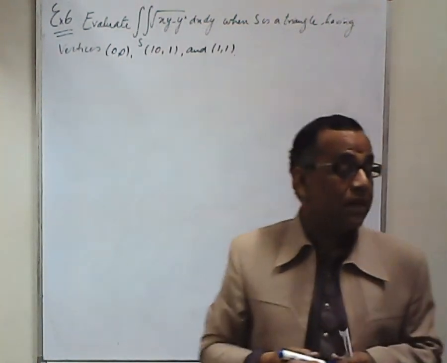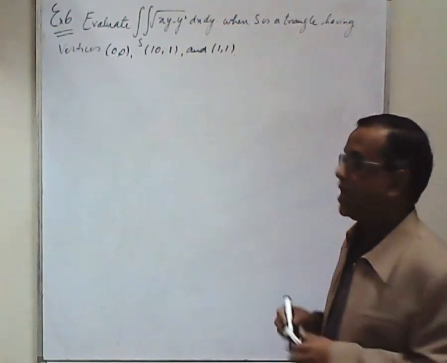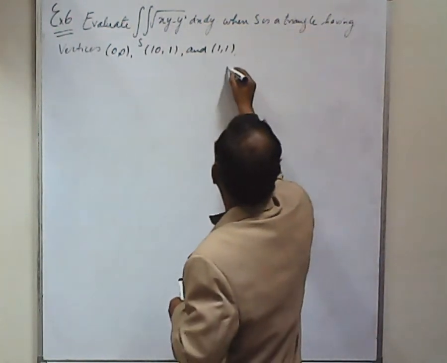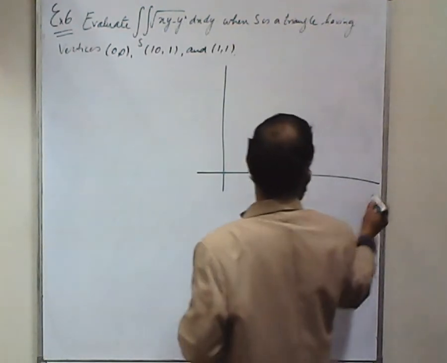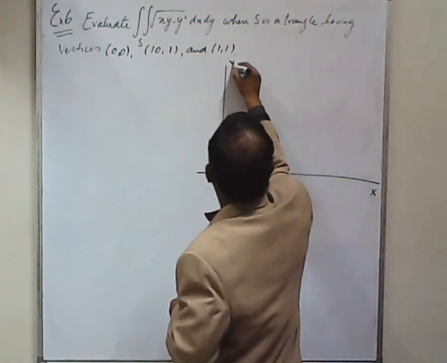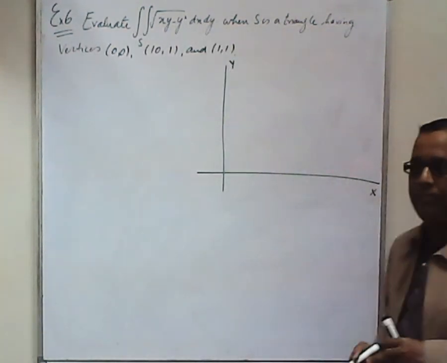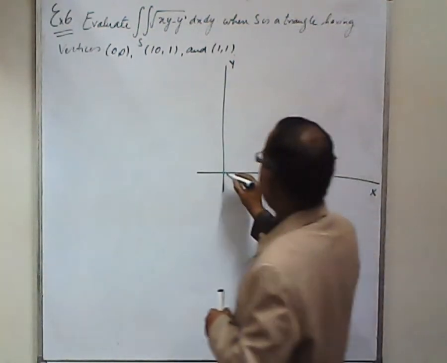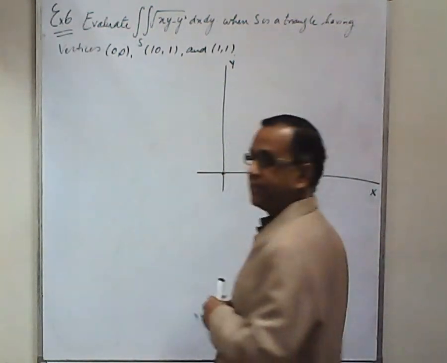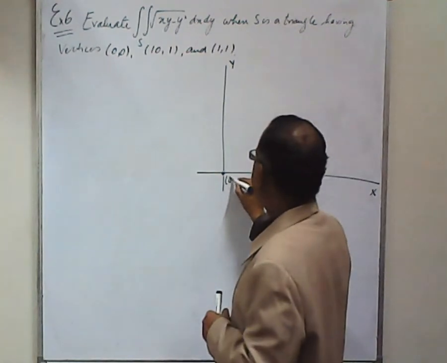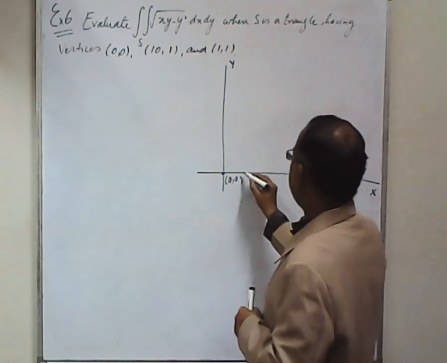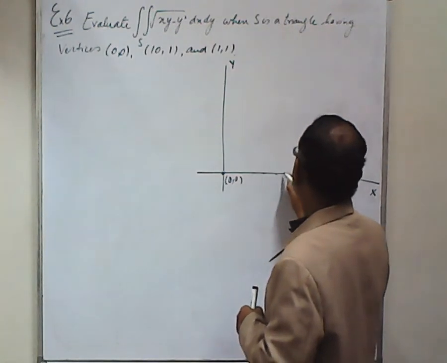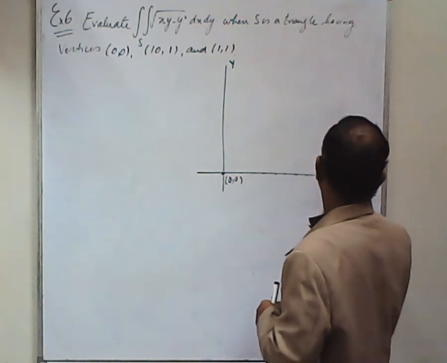So these are the vertices of this triangle. Again, first drawing the vertices. This is 0, 0. Then we have 10, 1, so counting 1, 2, 3, 4, 5, 6, 7, 8, 9, 10 on the axis.